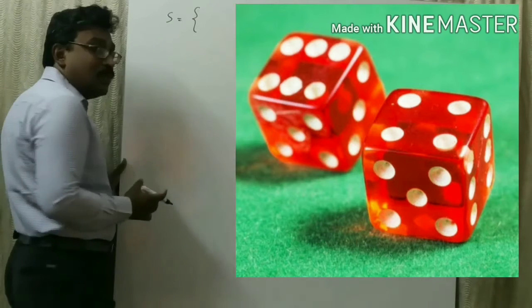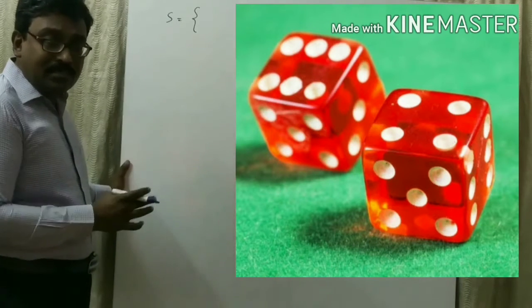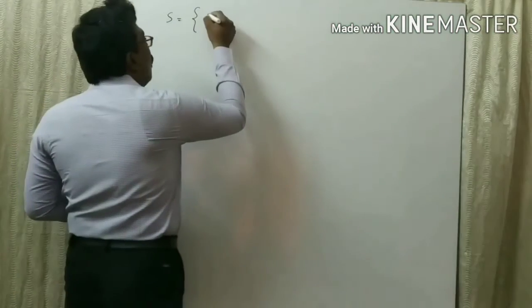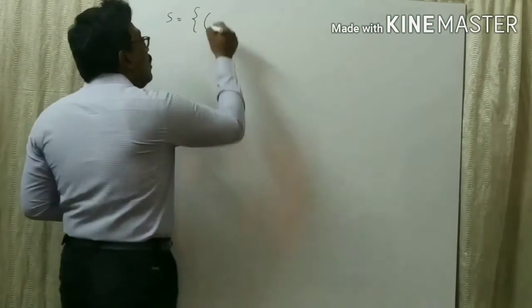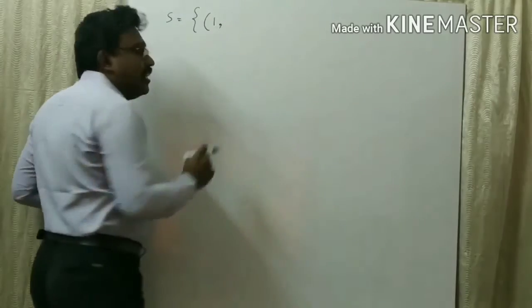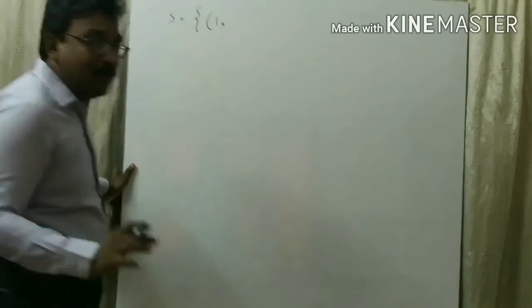First let me write all the sample spaces, then we will see. If the first die is fixed at 1, what will the next one be?